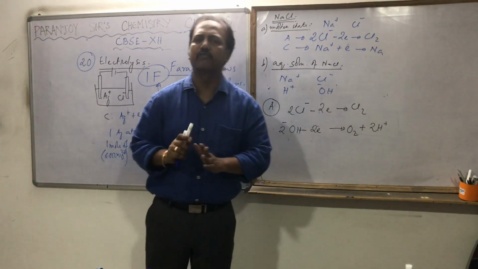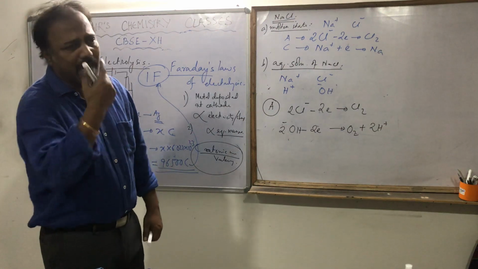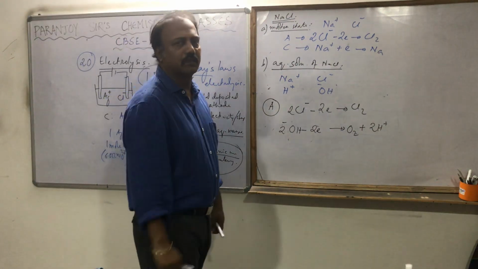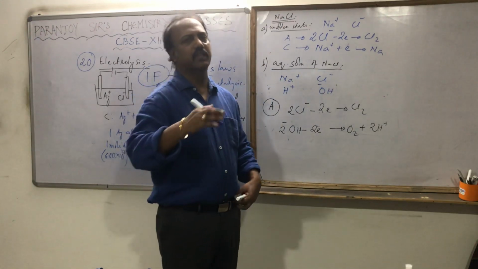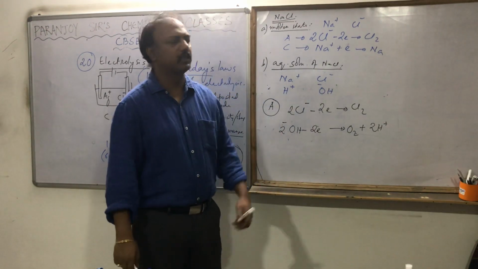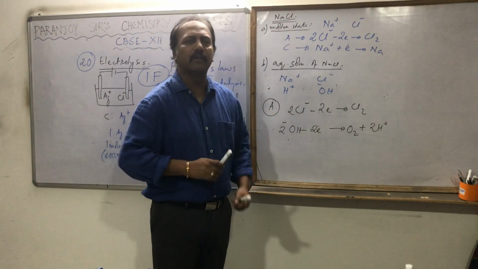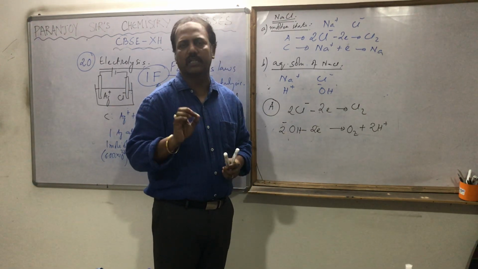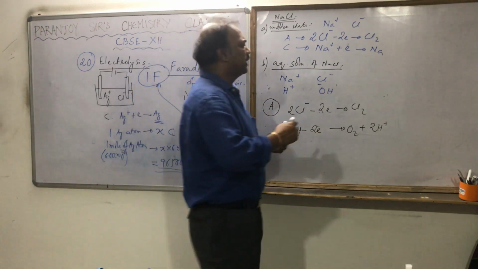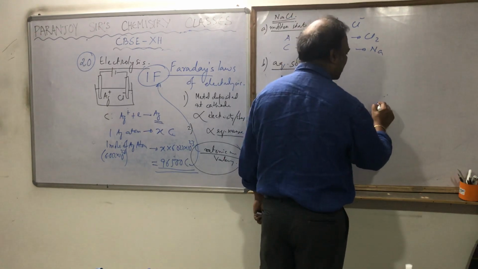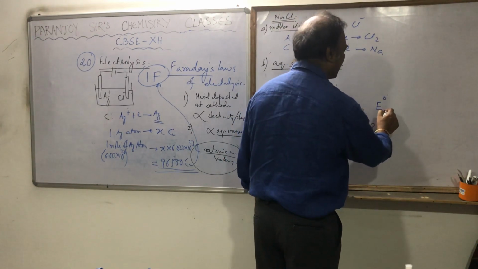Now which gas will be produced? That depends on, I am just introducing a term which we are going to do in detail next day, or the day after. We have to know it, but at this moment I am just introducing the electrode potential, which determines this. The electrode potential value of, obviously, reduction.